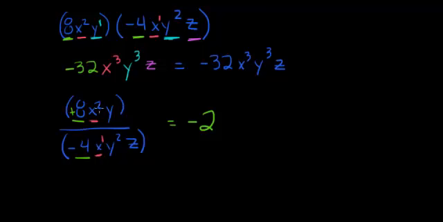You could also think of it as expanding this. I could rewrite 8x squared y so that it looks a little bit different. I could see it as 8 times x times x times y, and I could put that over negative 4 times x times y times y times z.